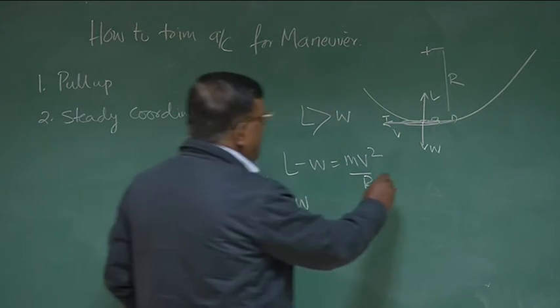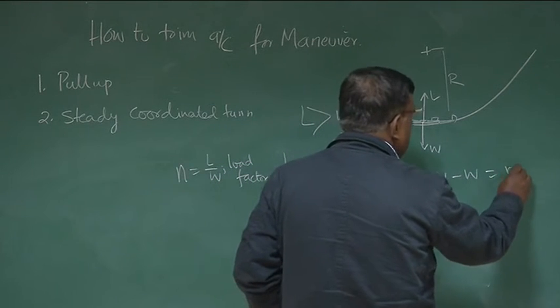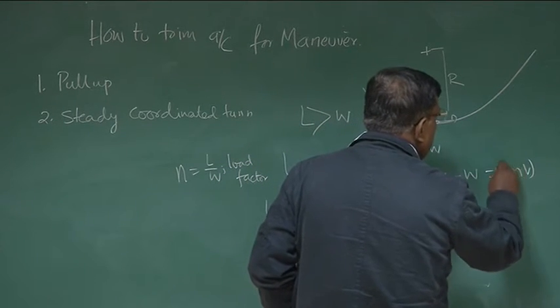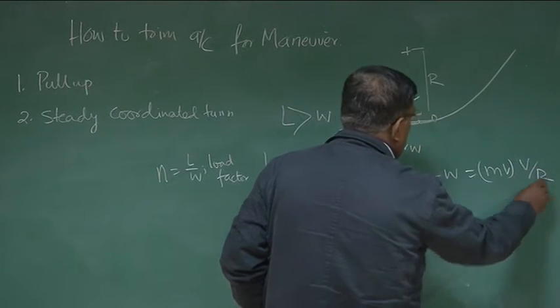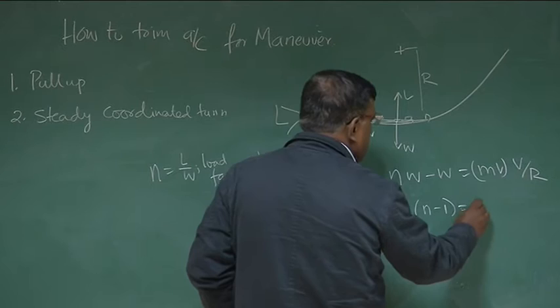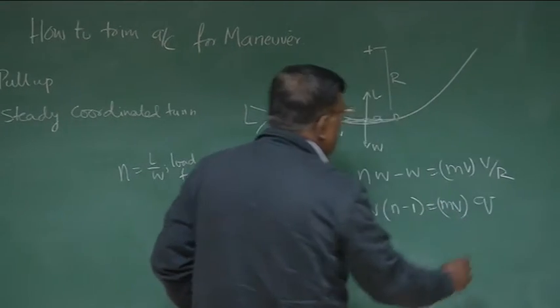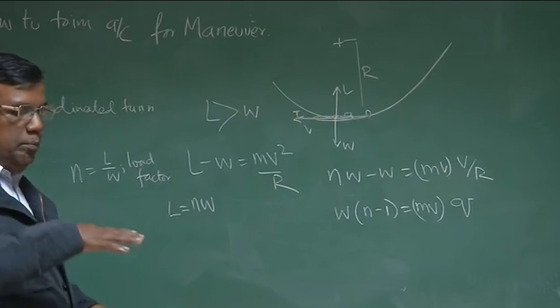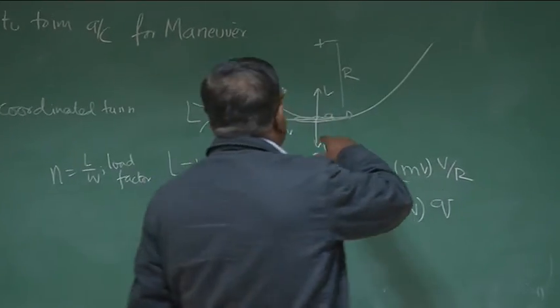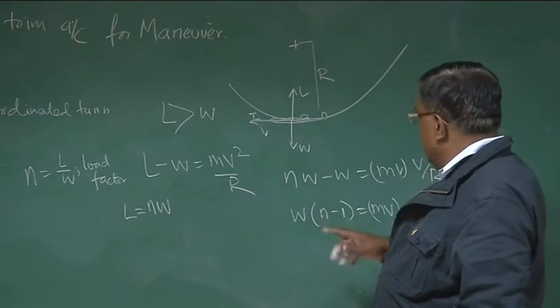So now from this relationship, nW minus W is equal to mV into V by R, or W(n minus 1) is equal to mV into q. V by R is what? It is the pitch rate. Okay? This is the V and this is radius R. So what is the angular rate? That is q.